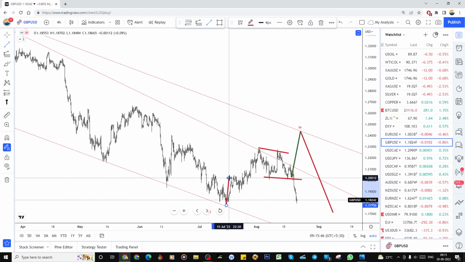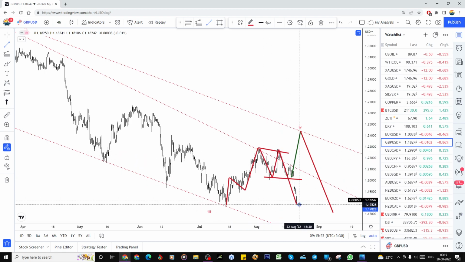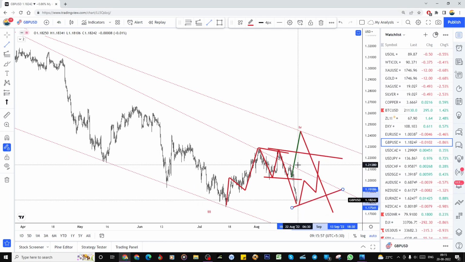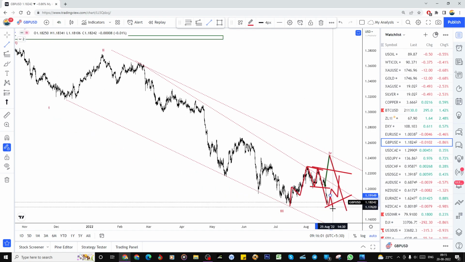So now this is one 3-wave structure, and there is another 3-wave structure. Now I'm looking for another 3-wave structure to make a triangle, but it could be some other pattern also. As I said, it can break, or it can do a 5-wave structure to complete here.